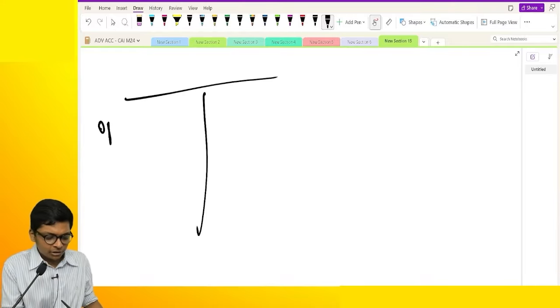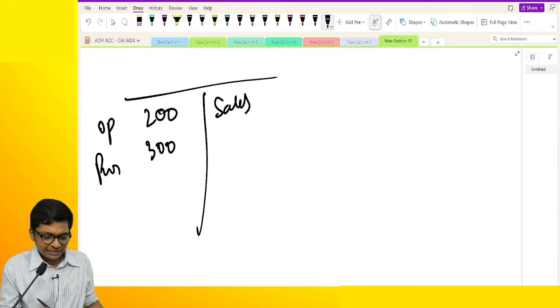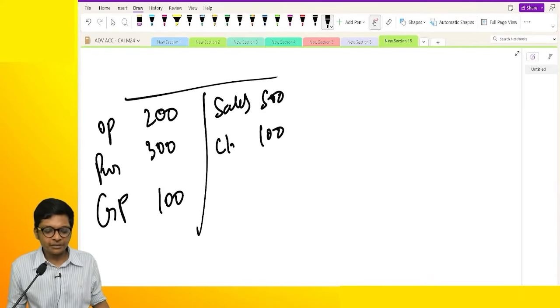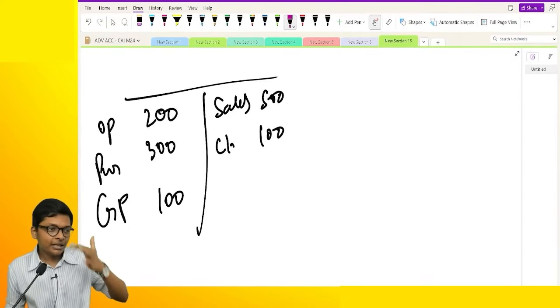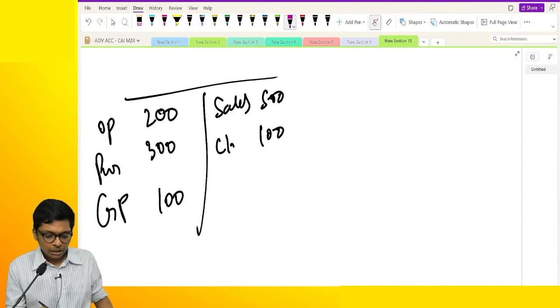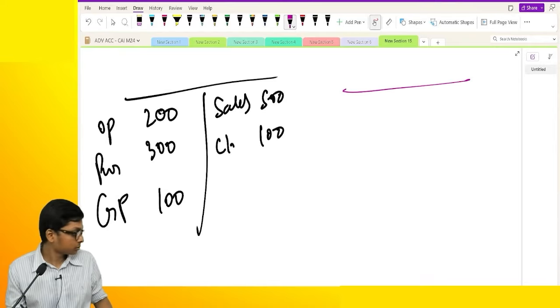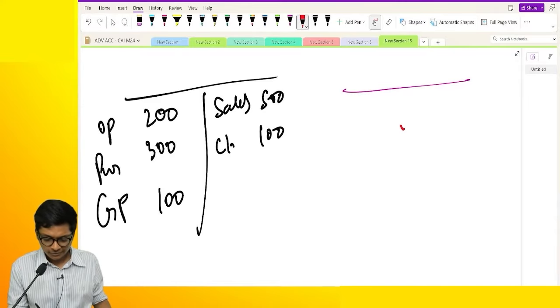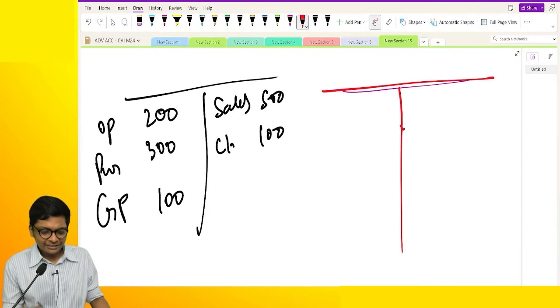Let's say opening stock is 200, purchase 300, sales 500, closing stock 100, GP 20% margin. Now this is on 31st of March.